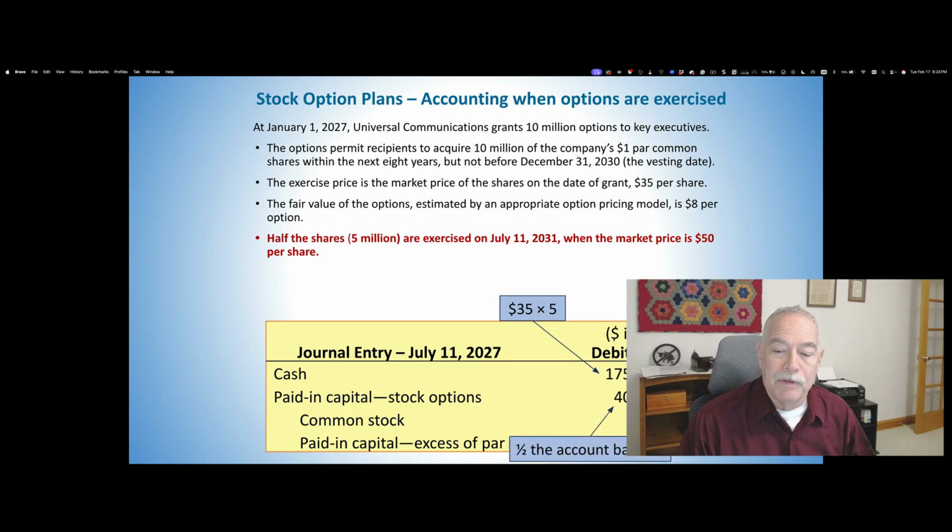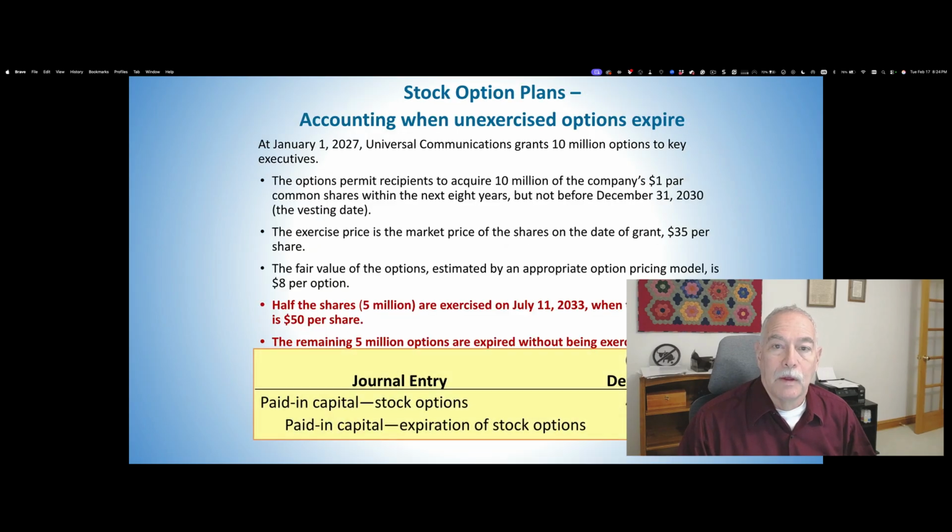Finally, what happens when unexercised options just expire? Usually this happens when the employee sits on those options, thinking they might be in the money someday, and then they never become in the money.